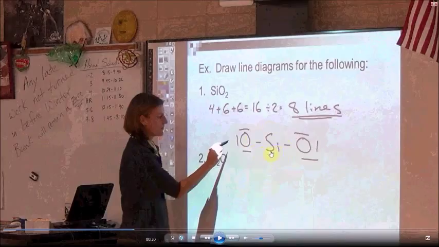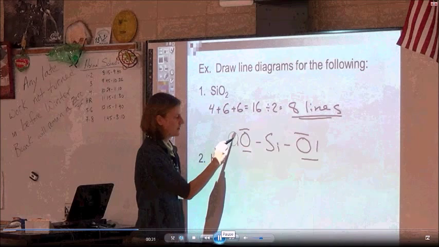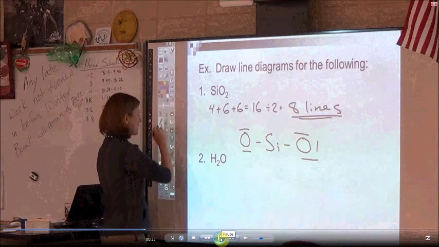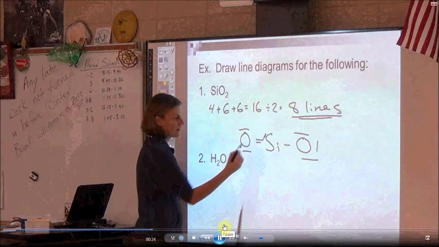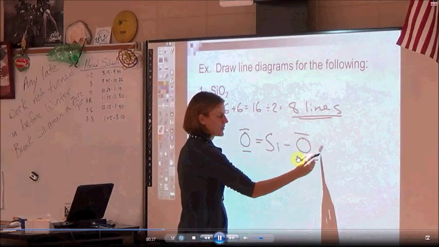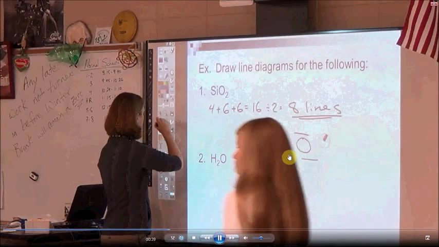So when it seems like something is unstable and you've already drawn the lines you're supposed to draw, you have to rearrange them and you have to think of higher order paired bonds. So not a single bond anymore, but we're going to have to move one of these lines and make it a double bond. So we'll do that for this oxygen, and of course we'll do it for the one on the other side.